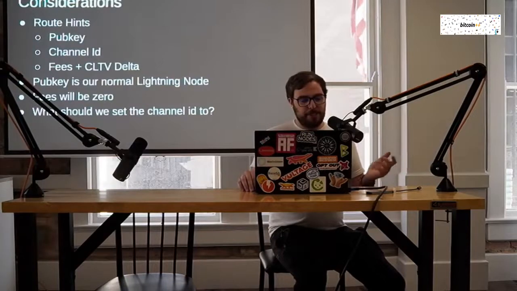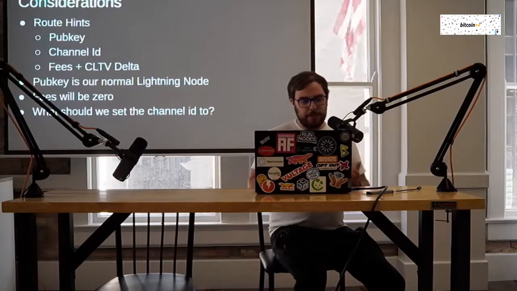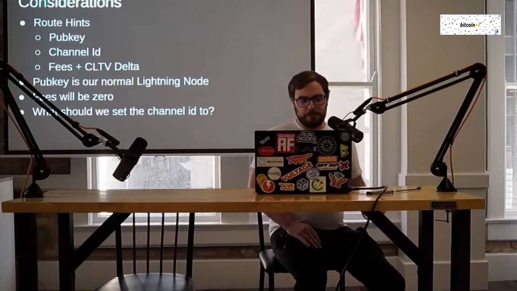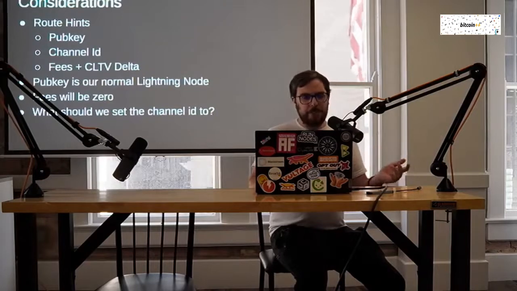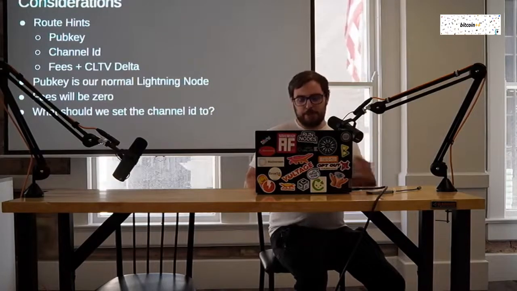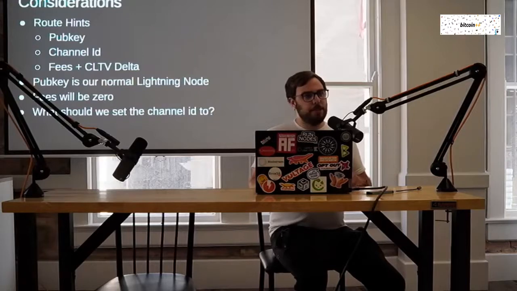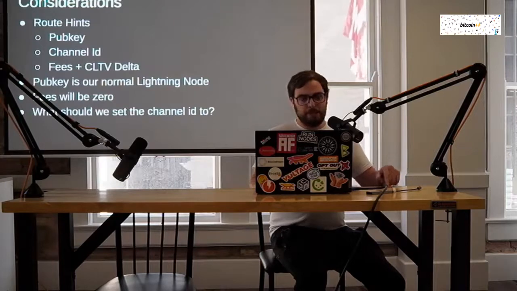Different considerations that I made: these route hints are comprised of three different things: pub key, channel ID, and fees. The pub key we have to just leave as our normal Lightning node. The fees we set to 0 because it's not a real channel. But the channel ID is something that we can change. You could just put a random number, but the problem is that the channel ID could be looked up, and they'd see that this isn't a real UTXO, so they know that you're using something like this.